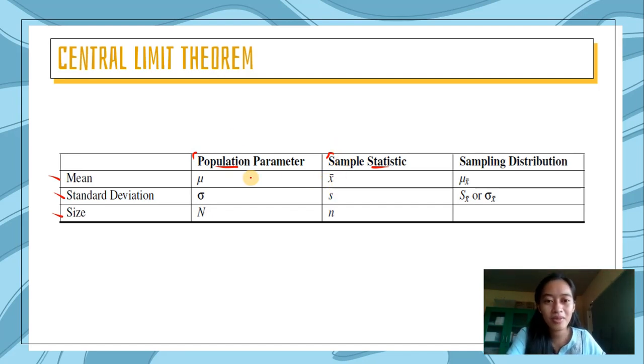When you talk about population values or population parameters, we use this, which is read as mu. This is sigma, and this is capital N. And for the sample, X bar, and the standard deviation for a sample statistic is S or SD, okay, and so on. And the small n stands for the sample size. Okay, so just remember these.